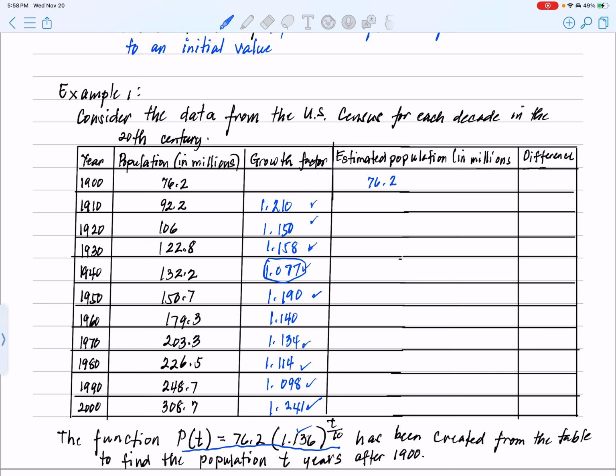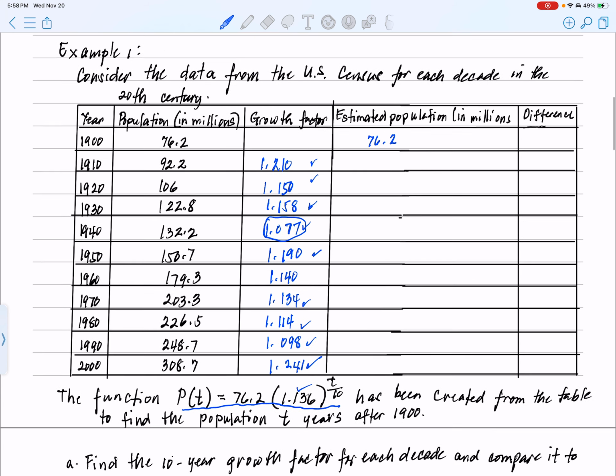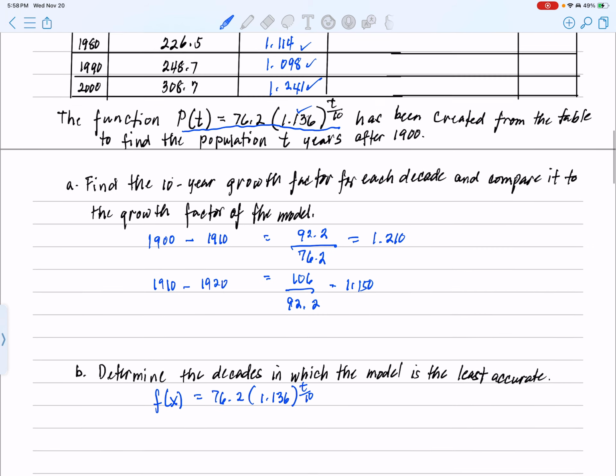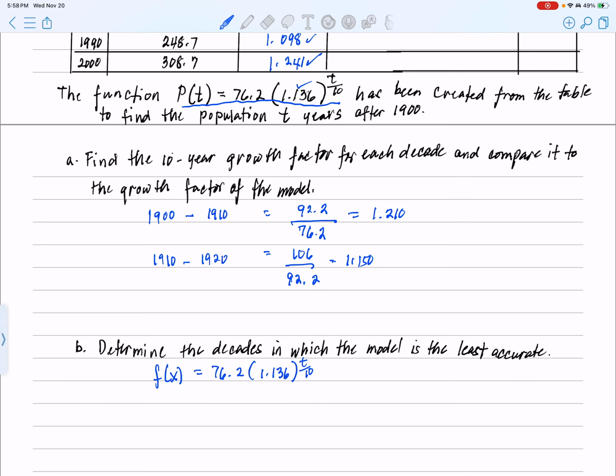Okay, let's go back to here. From the function itself, 76.2 times 1.136. Okay, let me get my calculator.